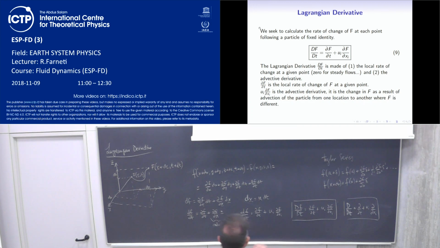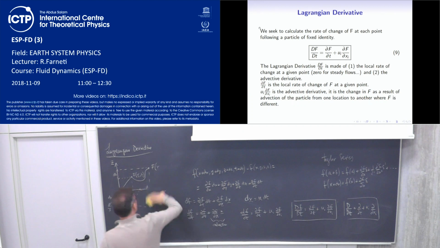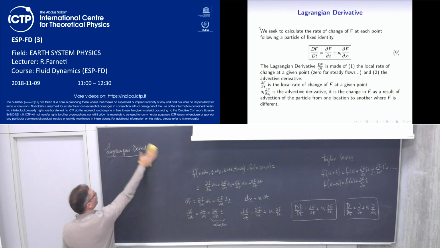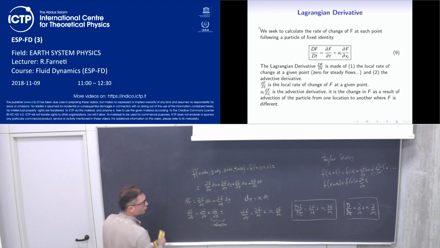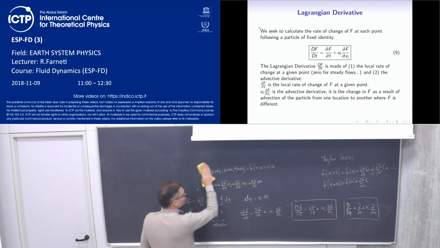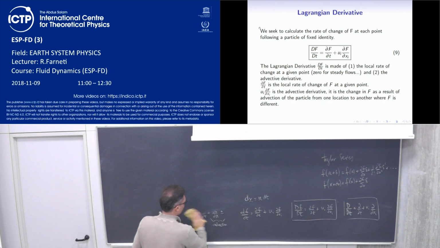So how can you describe it if you don't have one particle but you have many particles and you want to describe the whole flow? Then you use streamlines.